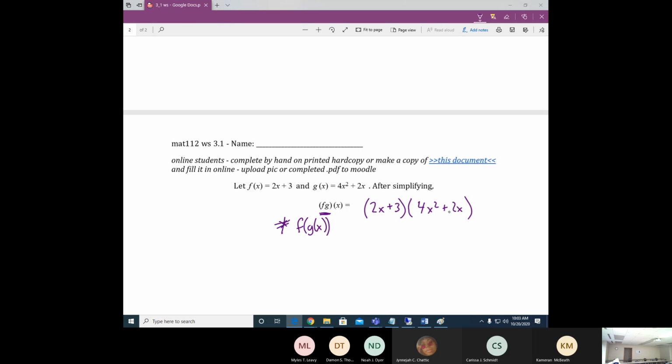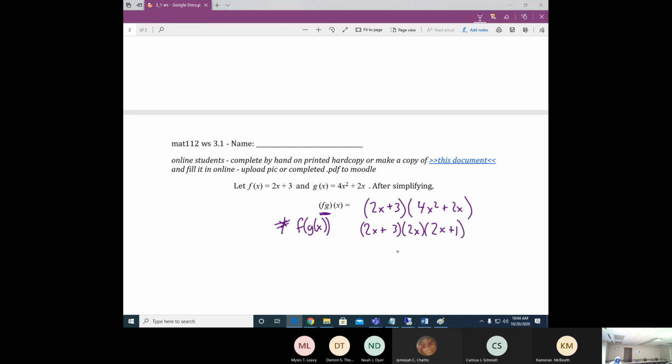So I get 2x times 2x plus 3. Let's just see how that turns out. I got a 2x here times 2x plus 3 times 2x times 2x plus 1. Does that do any good for me?